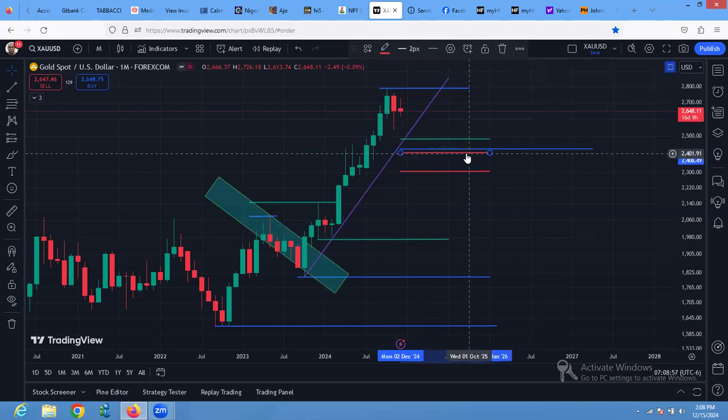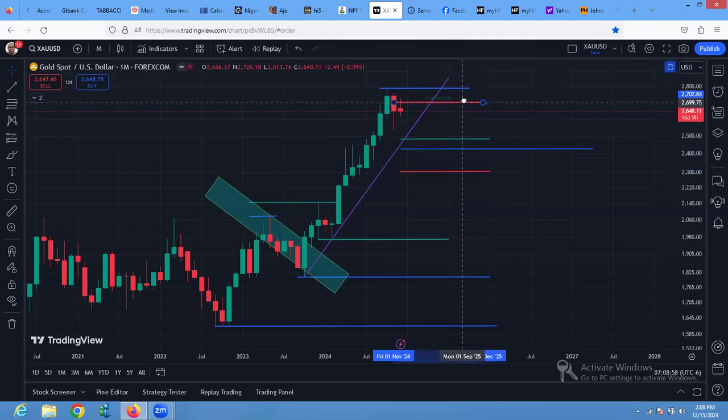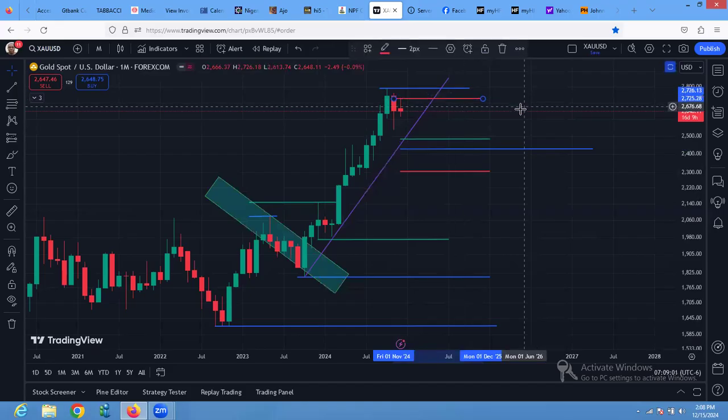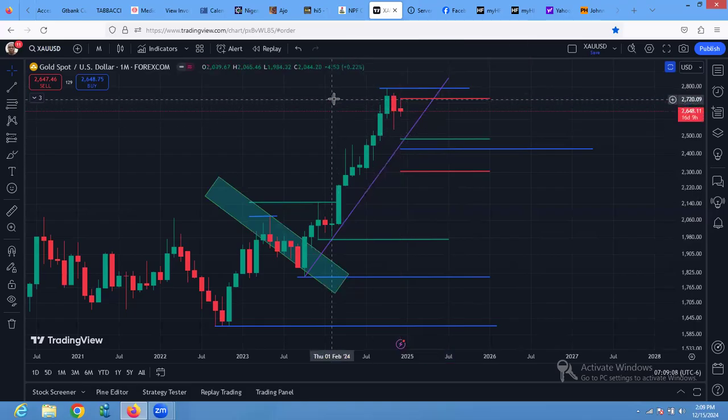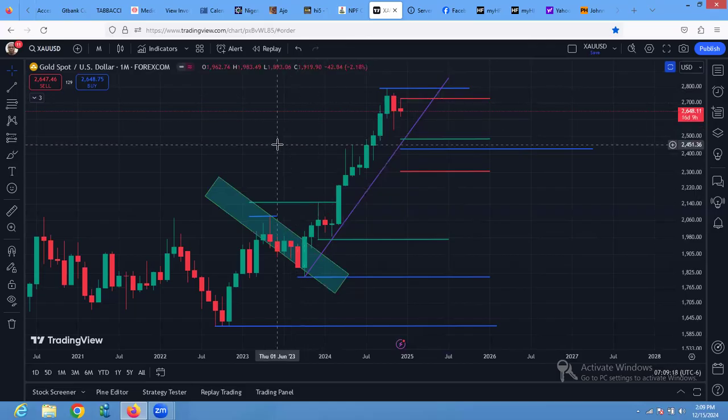This one more leg down should not take this resistance here. It should respect resistance at 27.28 or 27.29. I don't expect 27.29 to be broken now for any reason.